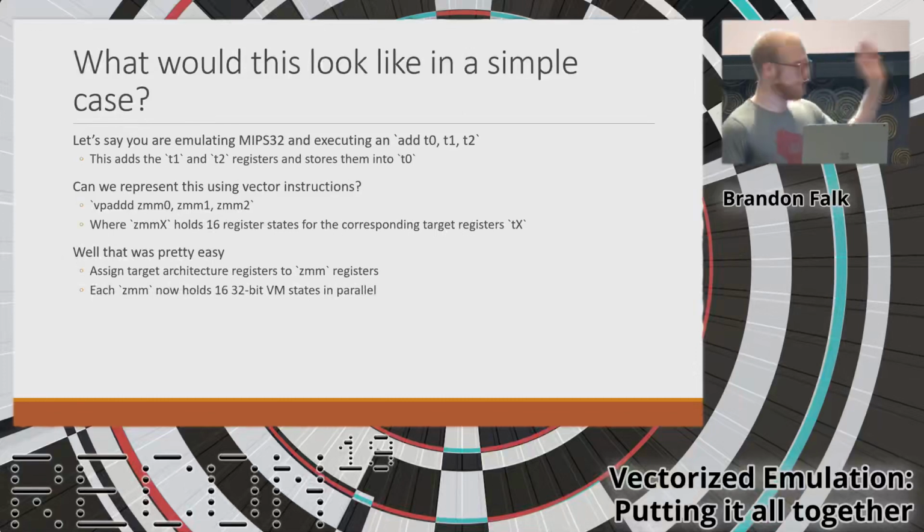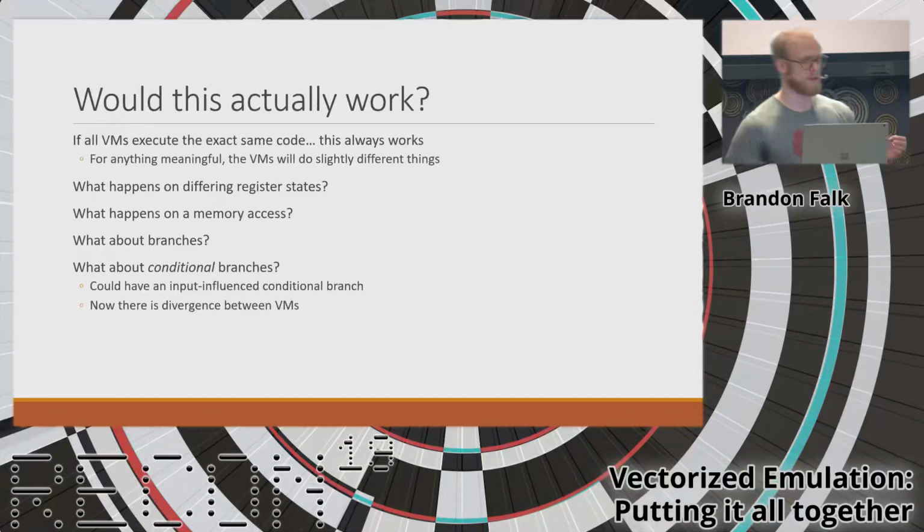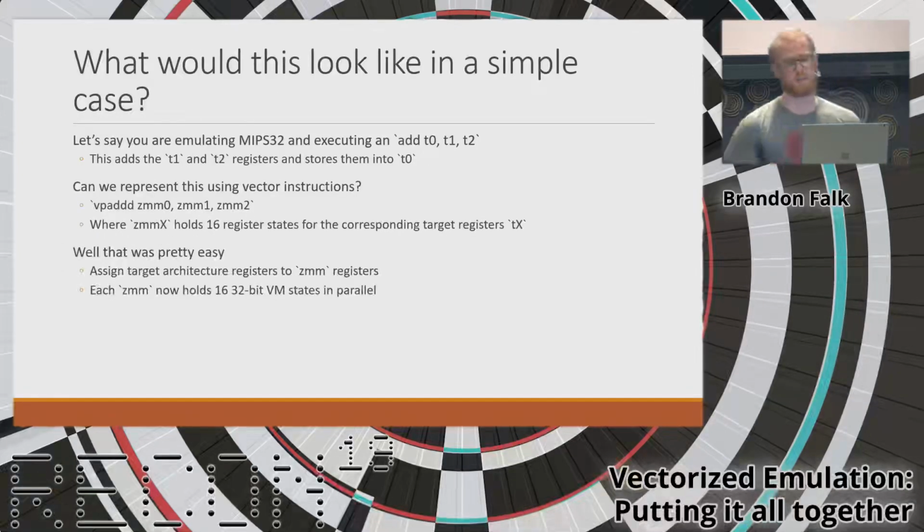So for example, if we wanted to perform a MIPS32 add instruction, where we're just adding two registers together and storing the result, in this case an add T0, T1, T2, which will add T1 and T2 and store the result into T0. The first thing I need to think about is, can I represent this instruction using a vector register?